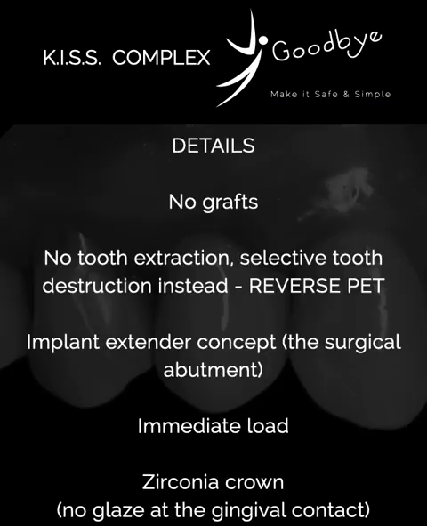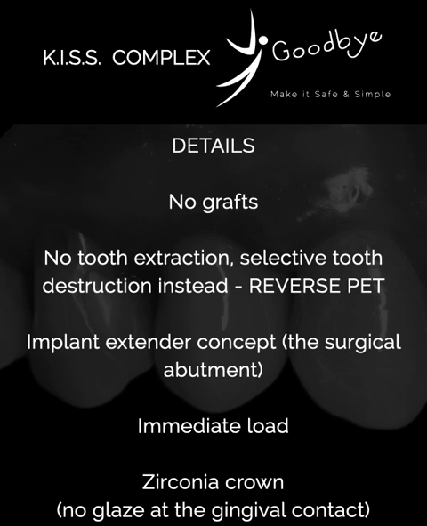What are the details? I'll say it again, I'll go through this case a lot more in detail than we did here. But the take-home messages are that I did no grafts, no tooth extraction.